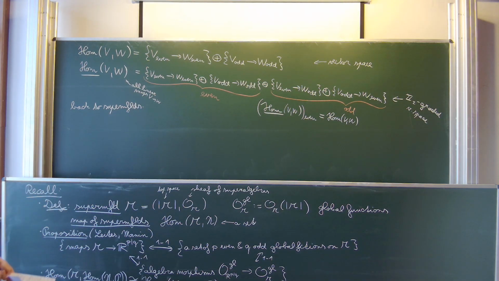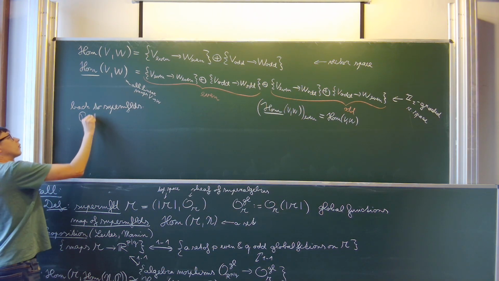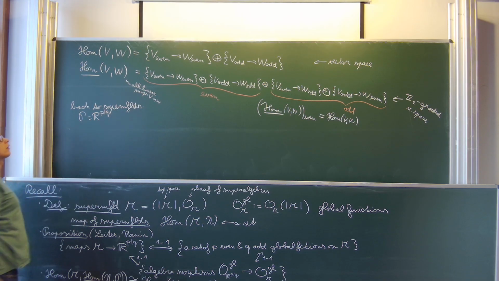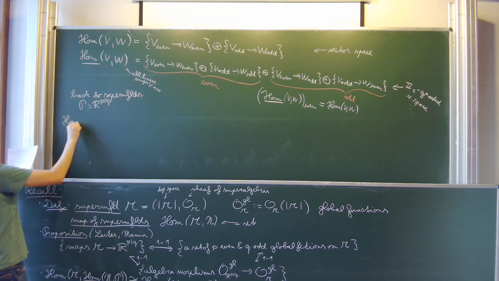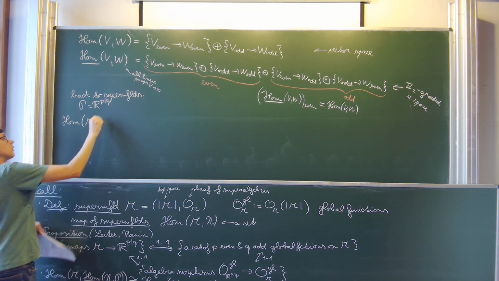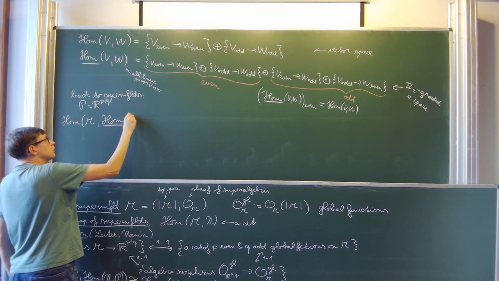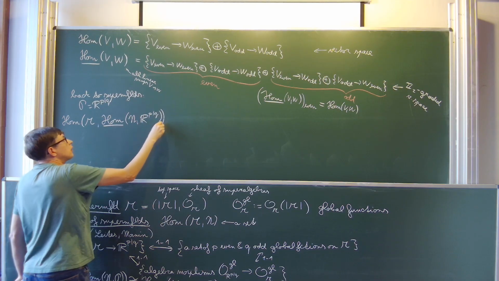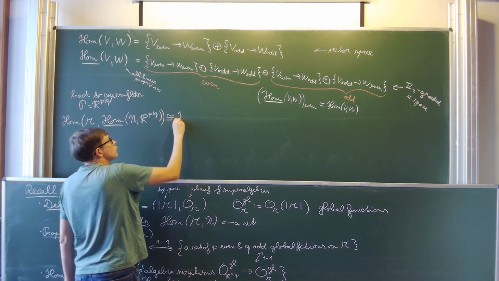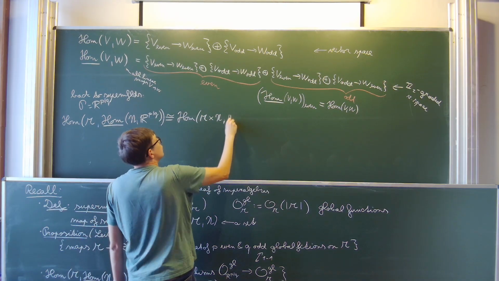So let's look at this adjunction, this kind of natural isomorphism, and let's take P to be this simplest model space that we have, R^{p|q}. So let's calculate what this is. Or let me first write the adjunction. We want to understand what this guy is. And the way we do that is that we calculate the right hand side of this adjunction, which would be m times n into R^{p|q}.